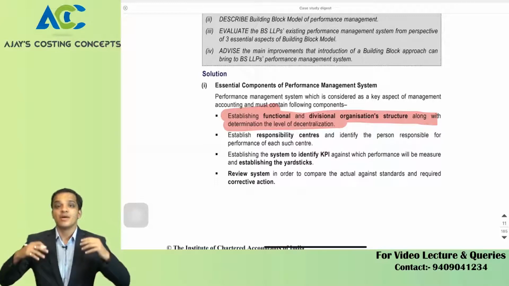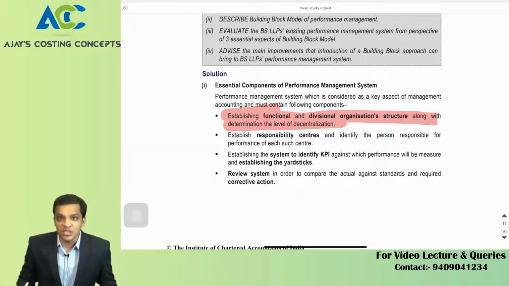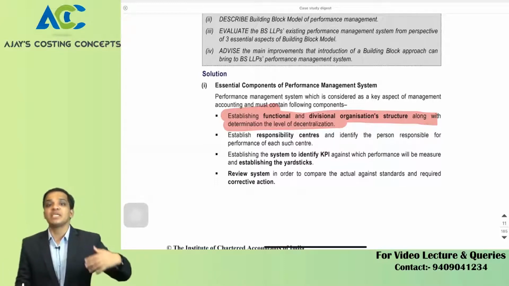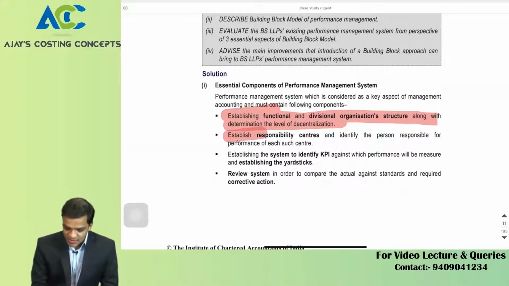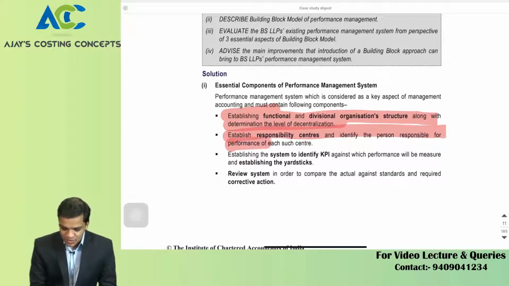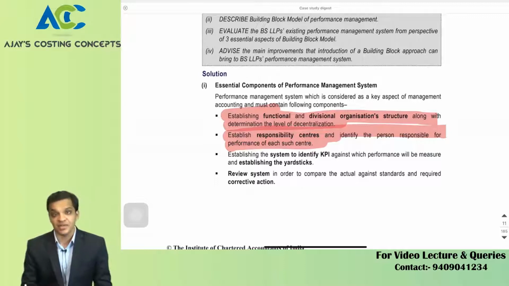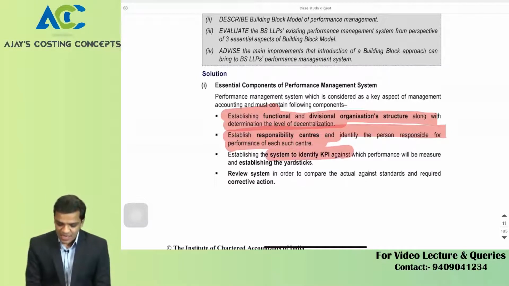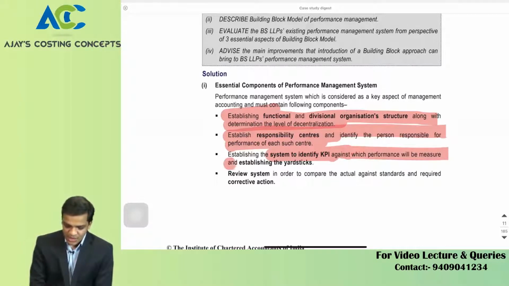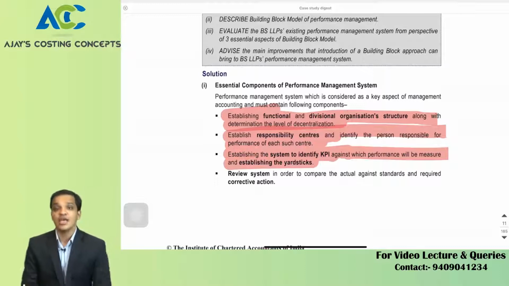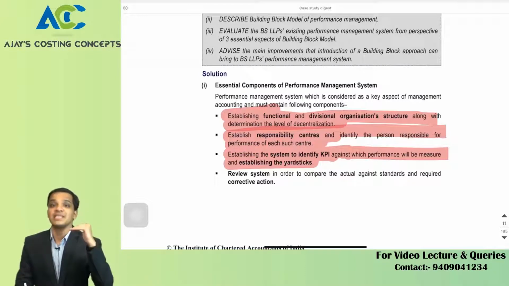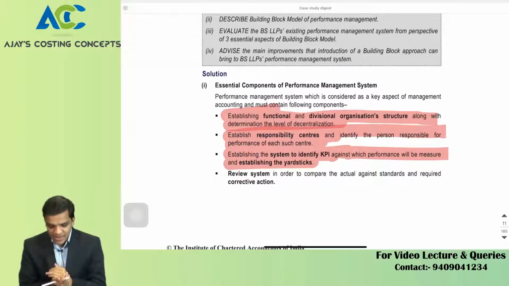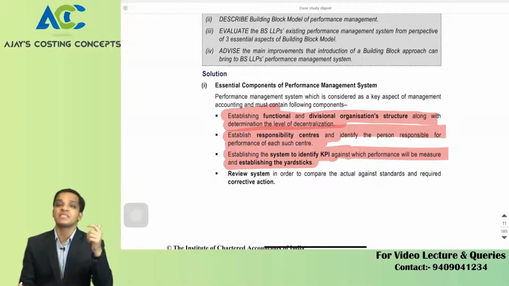Number two is establishing responsibilities. Responsibility centers should be established and the person responsible for the performance of each center identified. Third is establishing a system to identify KPIs, key performance indicators, which performance will be measured against, and establishing the yardsticks.